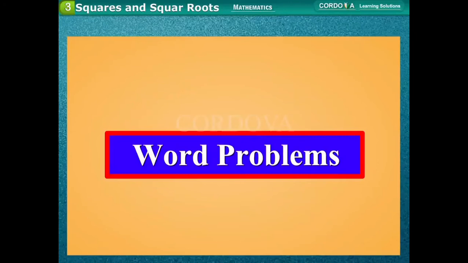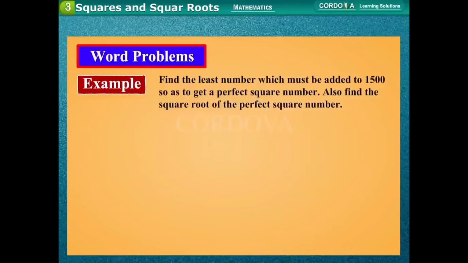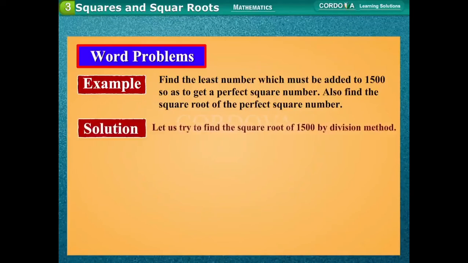Word problem. Find the least number which must be added to 1500 so as to get a perfect square number. Also, find the square root of the perfect square number. Solution. Let us try to find the square root of 1500 by the division method. It implies 38 squared is less than 1500.